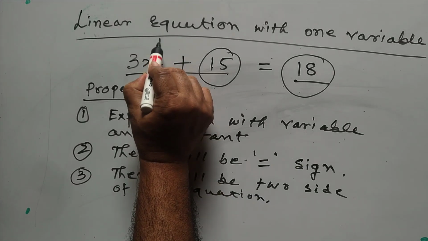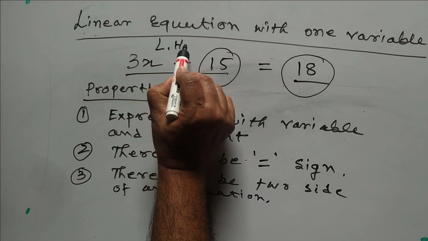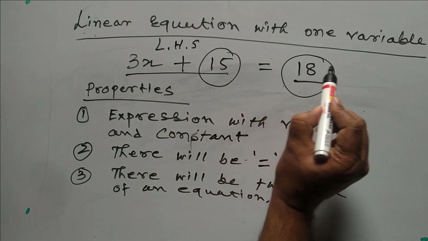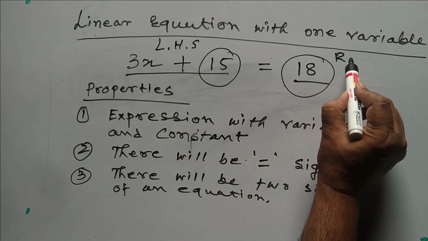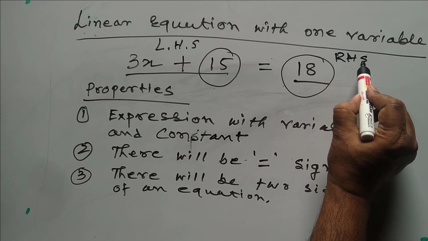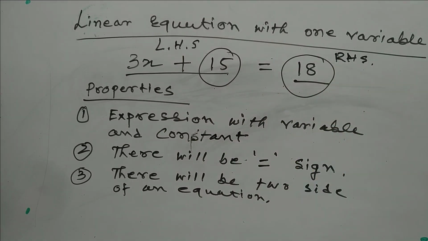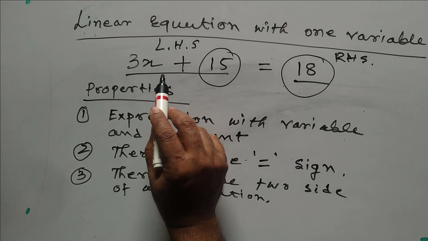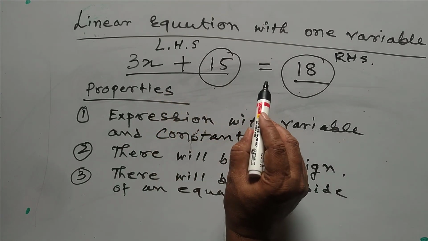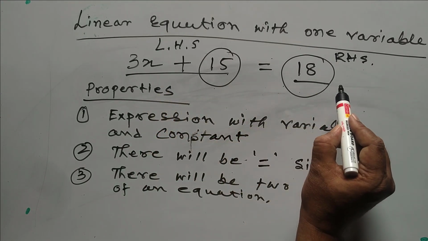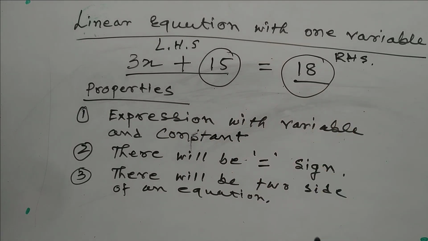This is called LHS, and this is called RHS. It means the value of the LHS must be equal to the value of the RHS.